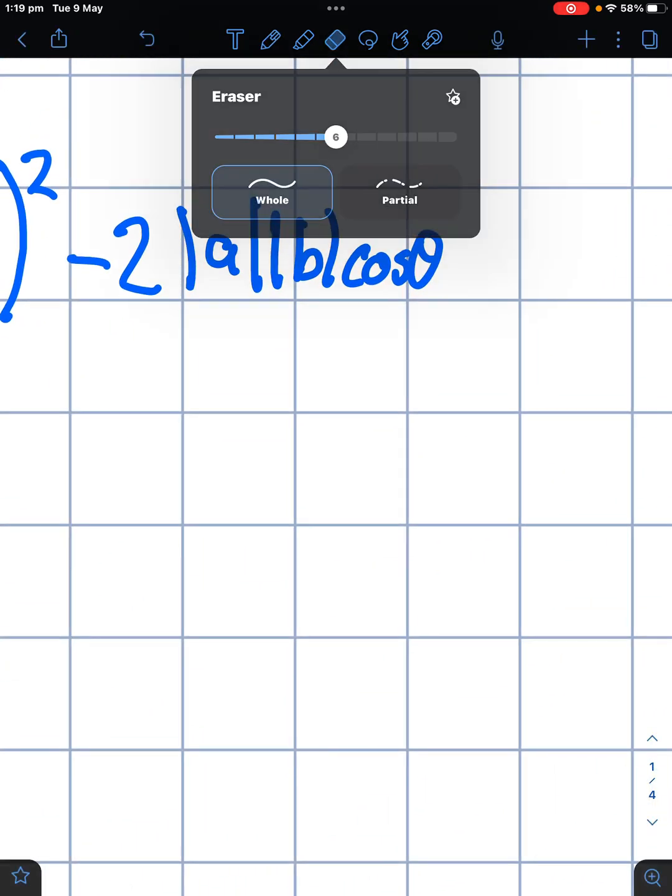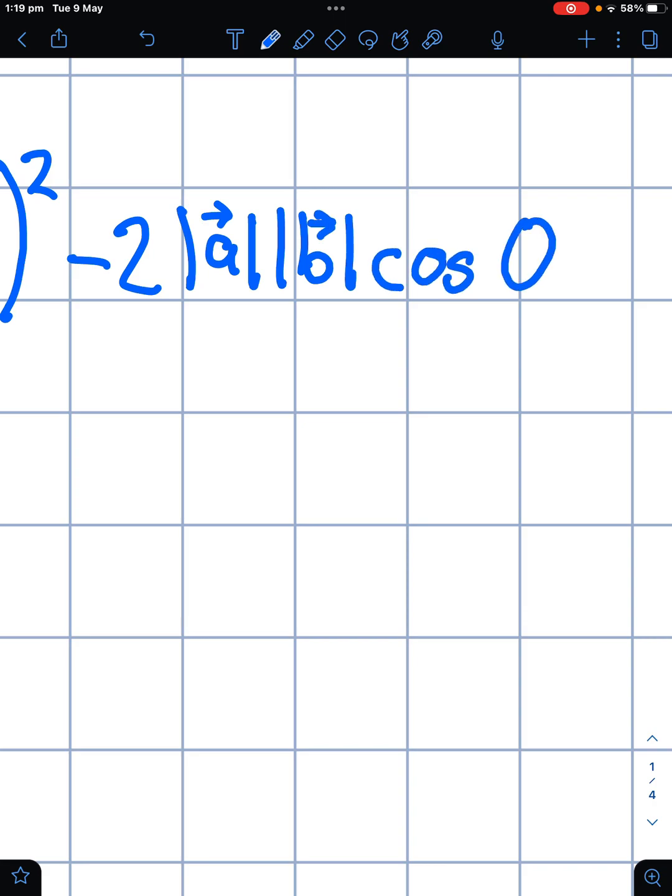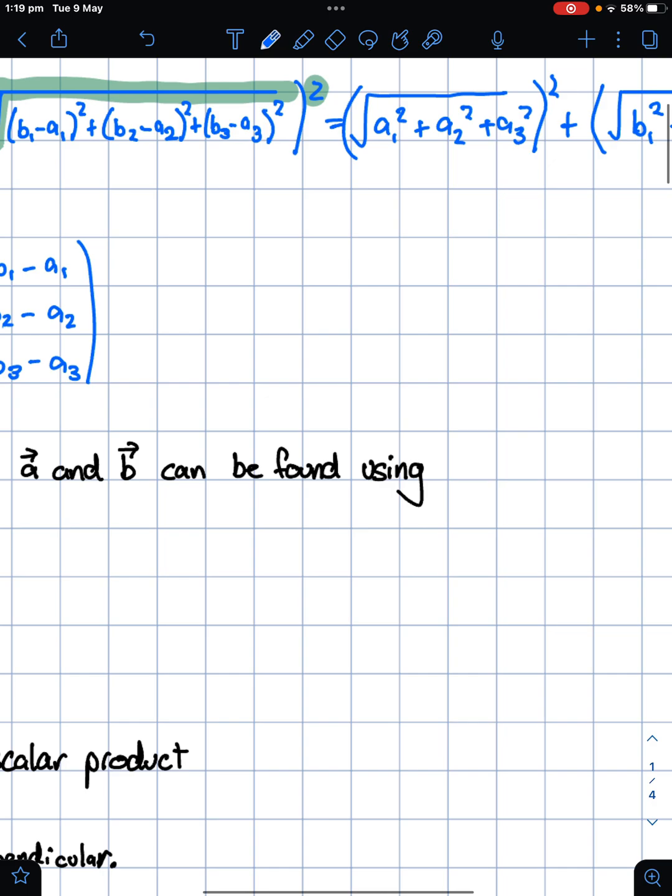Otherwise it'll look messy if you're looking at the notes. So a, b, arrows on these, cosine theta. Cool. All right, our next line here.